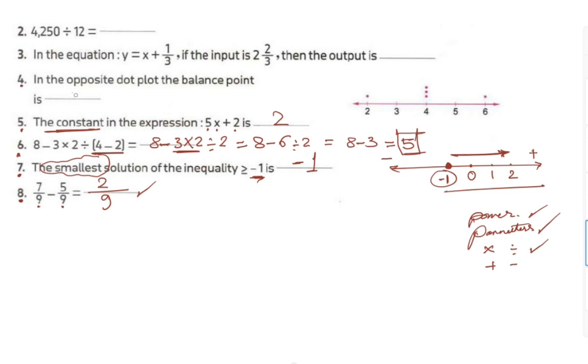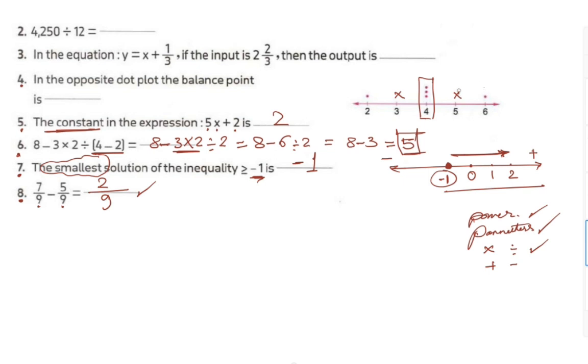Point 4, in the opposite dot plot, the balance point is what? The balance point must divide or split the dot plot into two equal sides, as a mirror. Now look here, look at this 4. To the left and right of 4, you have an empty space, and here you have an empty space.